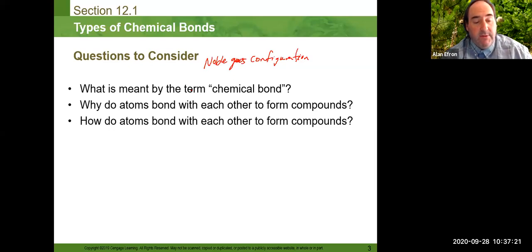And remember, noble gases are really, really stable, and that's what everybody tries to achieve when they make bonds. As we'll talk about in this chapter, there are two major types of bonding.